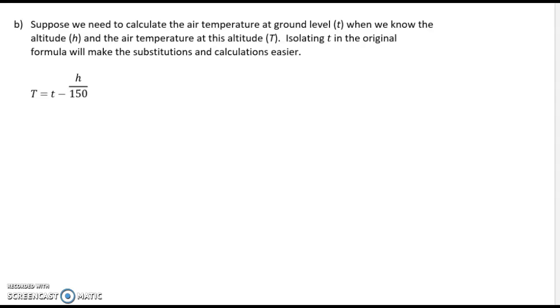It says, suppose we need to calculate the air temperature at ground level, little t, when we know the altitude, h, and the air temperature at the altitude, capital T. Isolating t in the original formula will make the substitutions and calculations easier.